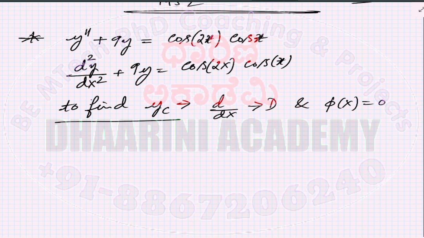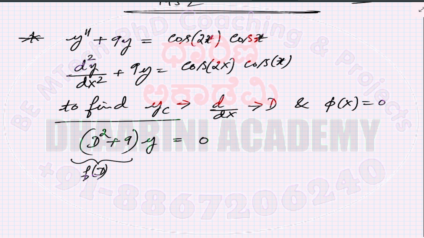So when you do that, d square y by dx square is capital D square plus 9, into y. It's actually D square into y plus 9y. I take the y outside, we'll save some time, and the right hand side should be equal to 0. So in this case, I understand that this is the f of D.